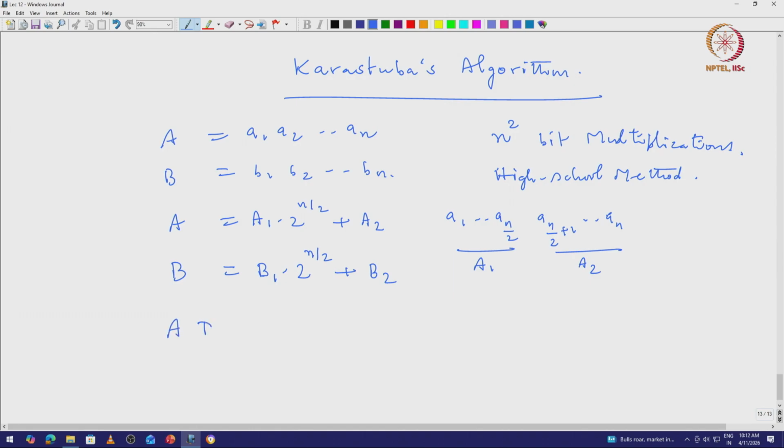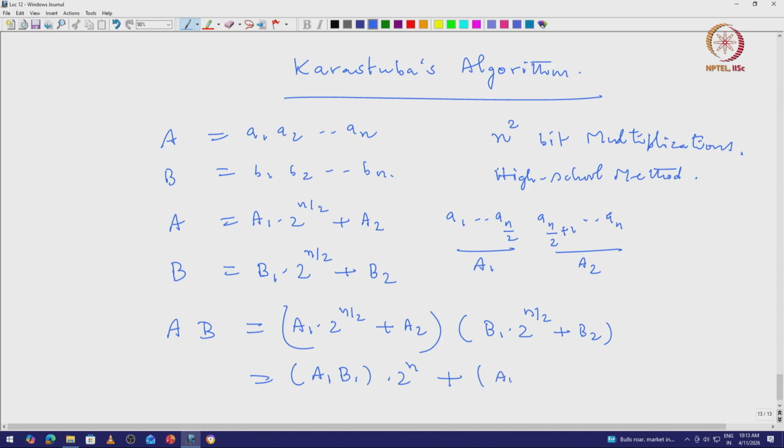Therefore, AB is A1 times 2 power n by 2 plus A2, times B1 times 2 power n by 2 plus B2, and that is given by A1 B1 times 2 power n plus A1 B2 plus A2 B1 times 2 power n by 2 plus A2 B2.